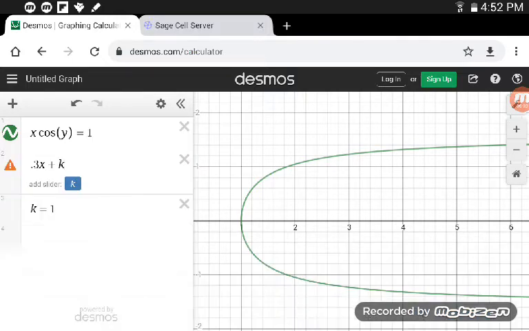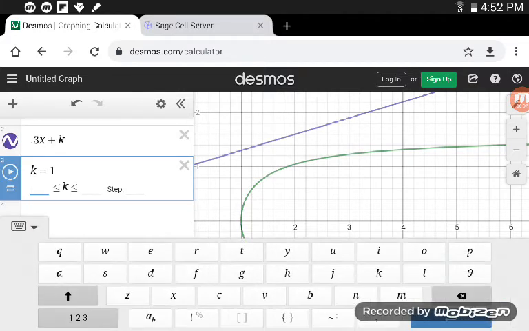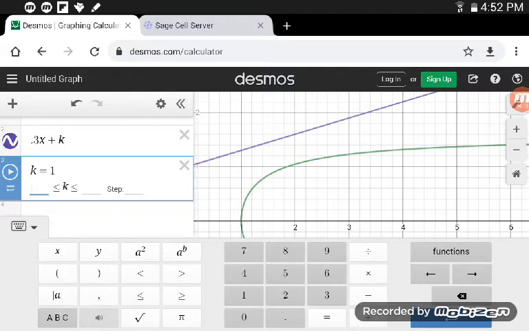Okay, plus k, and they set it at 1. Now I'm going to have a hard time moving that around unless I put it between like 0 and 1, because I saw 1 was too big.